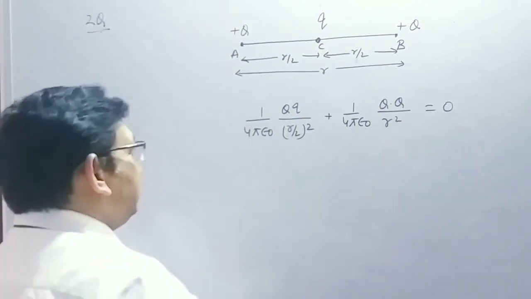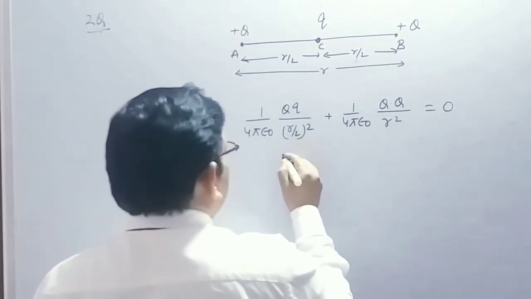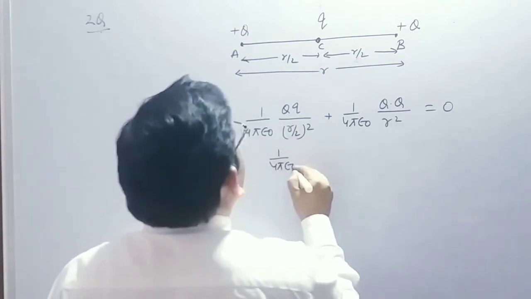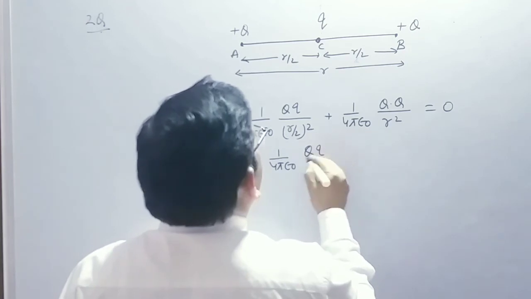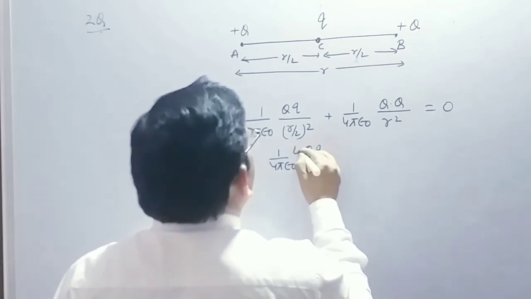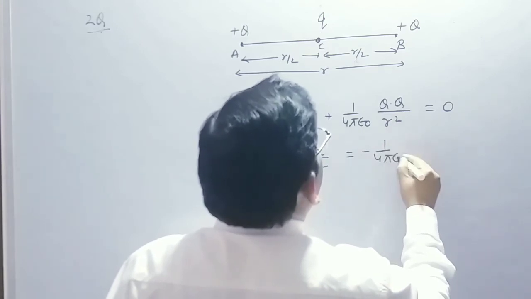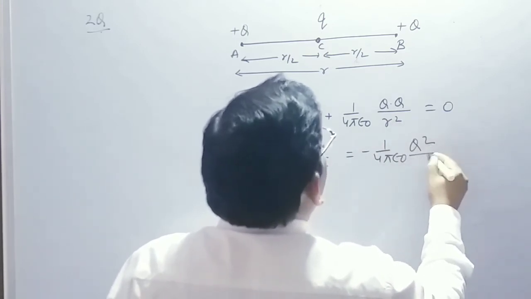Now solving this one, we are getting 1 by 4 pi epsilon q r square 4 minus 1 by 4 pi epsilon q square by r square.